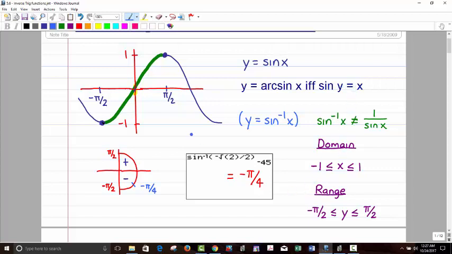And then they could have picked lots of different segments to do this, but they picked this one, -pi/2 to pi/2. That means when you put in something between -1 and 1, you're going to get this range of values.